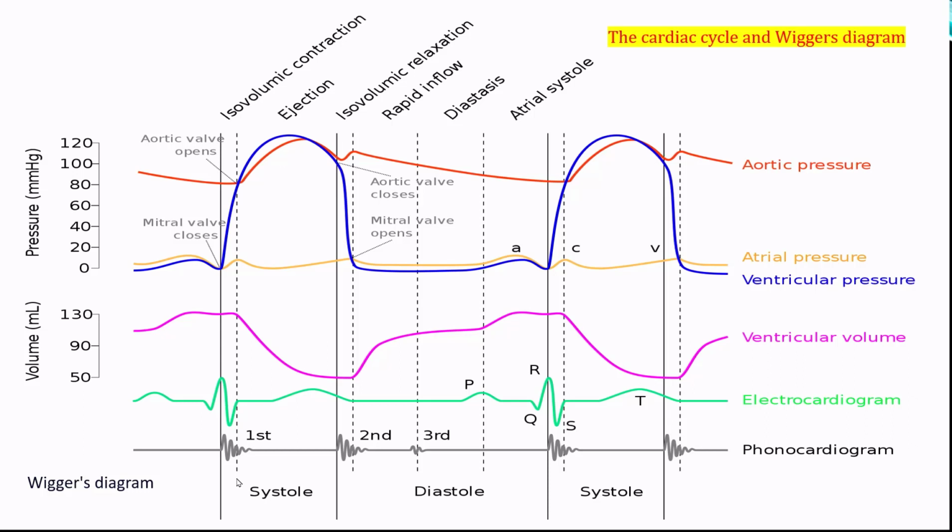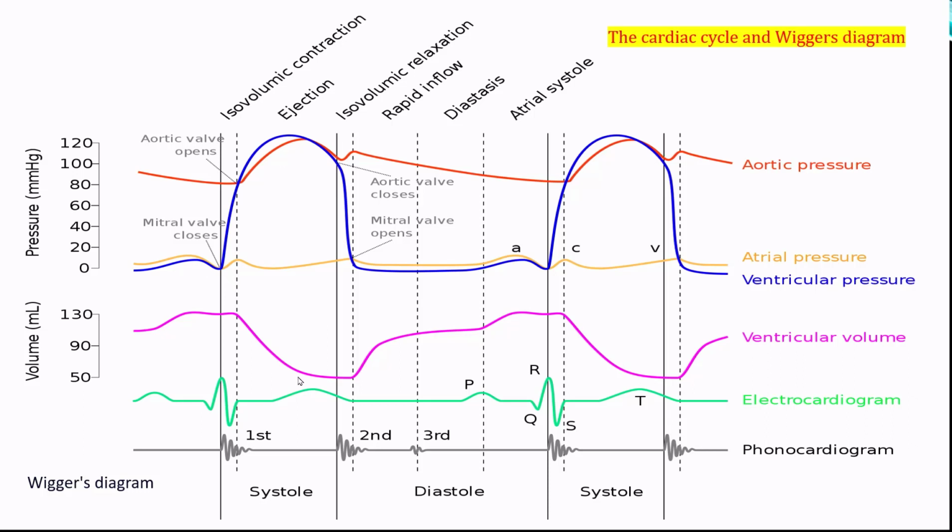In the uppermost column, there are 3 upward curves in this diagram. The blue one is the pressure of the ventricle, the yellow one is the pressure in the atria, and the red one is the pressure in the aorta. These are the 3 upward stroke curves in the diagram.